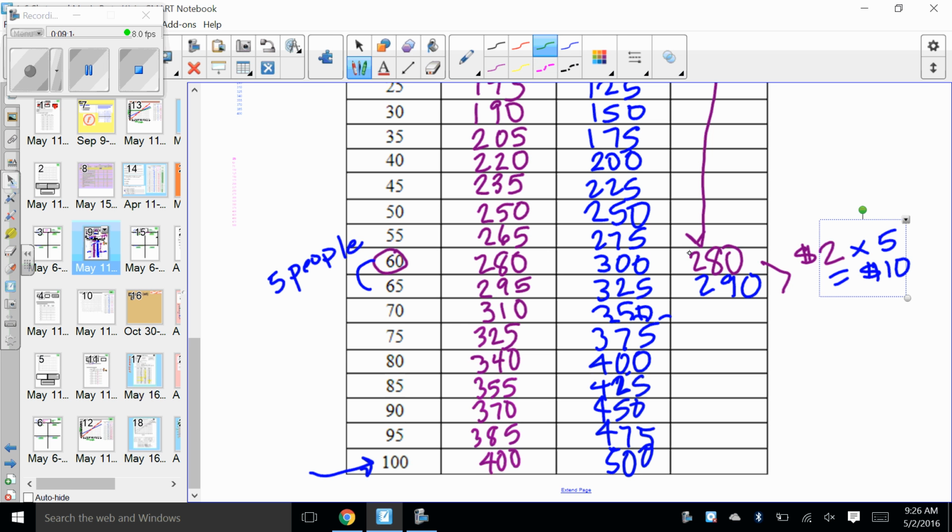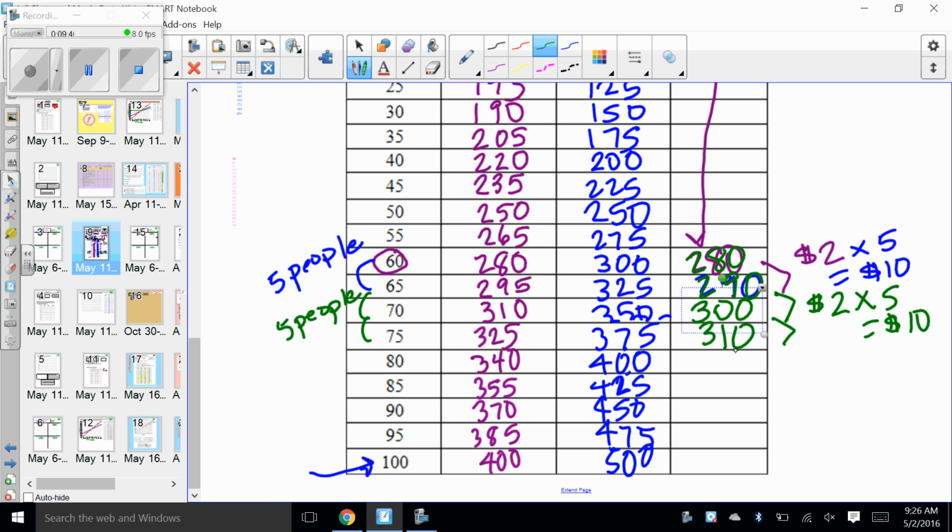I think I'm going to change the color here. Okay, and so again, in this next section, it's $2 for each person, and we're bringing another 5 people. So that's another $10 that we're adding, which is $300. And we're going to do that again. We're going to keep saying $2 for each person, and it's another 5 people, so that's $310.